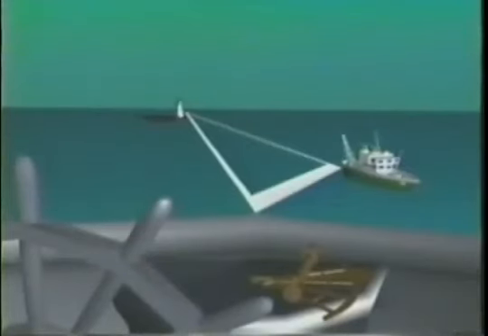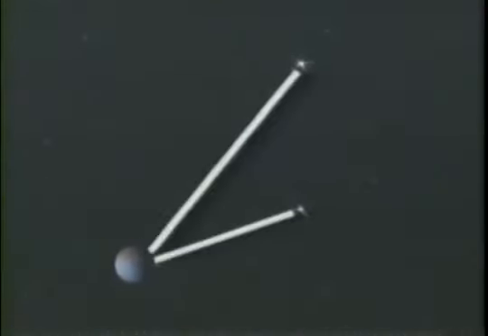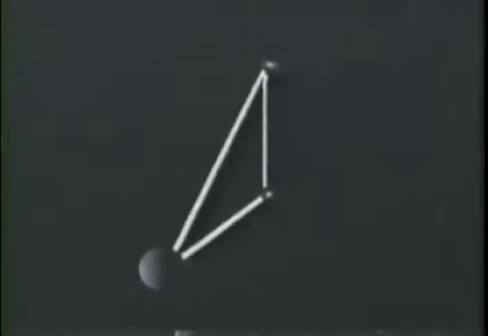Trigonometry, the study of triangles, was used in Babylon 4,000 years ago. It's an important branch of mathematics and serves as a tool in astronomy, navigation, and surveying. By using the relationships between the sides and angles of triangles, the ancient Greeks tried to establish the size of the heavens.